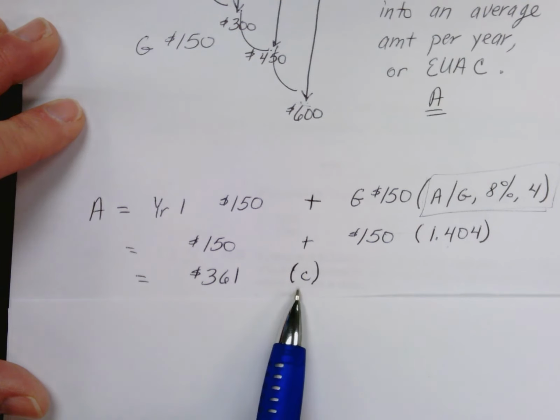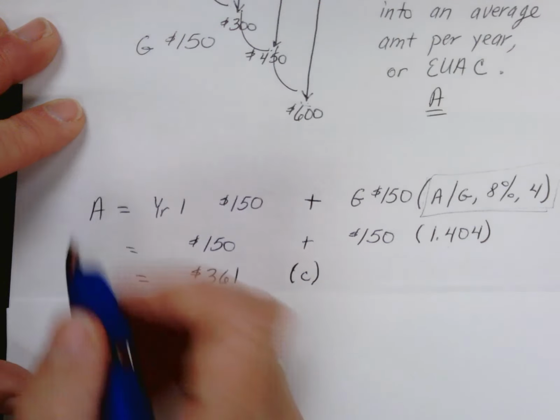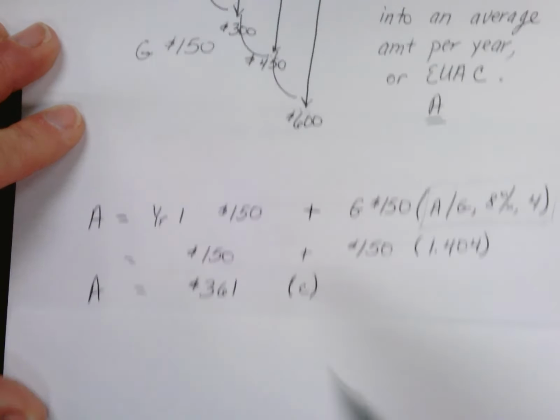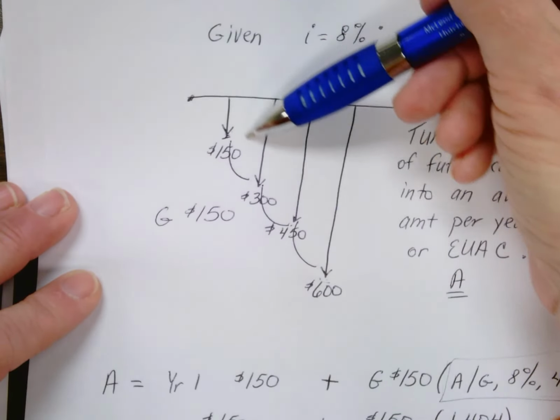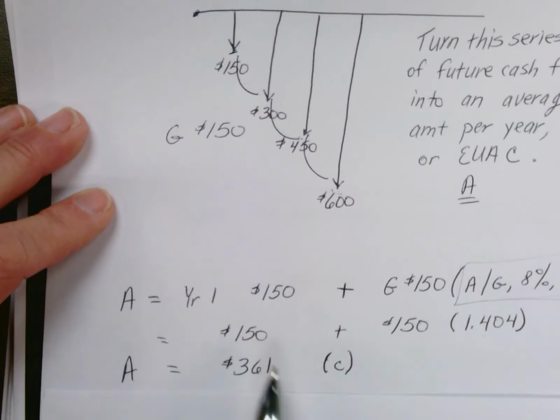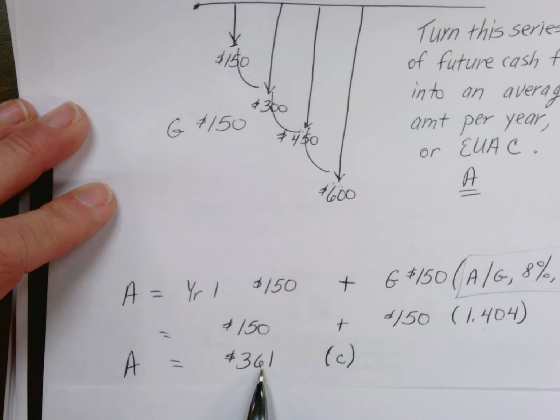The closest answer choice is answer choice C, and that is the annuity, the equal uniform average cost of running that equipment and paying the maintenance costs over the 4 years. It averages out at a discount rate of 8% to be about $361 average per year. And that's one way to handle a gradient problem.